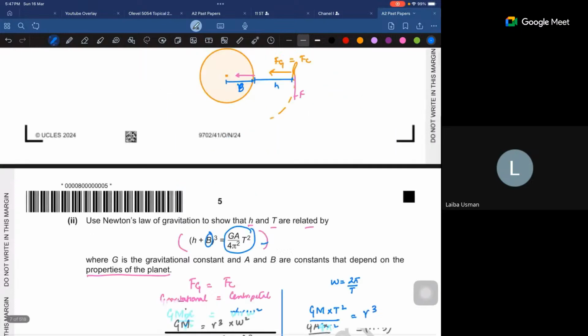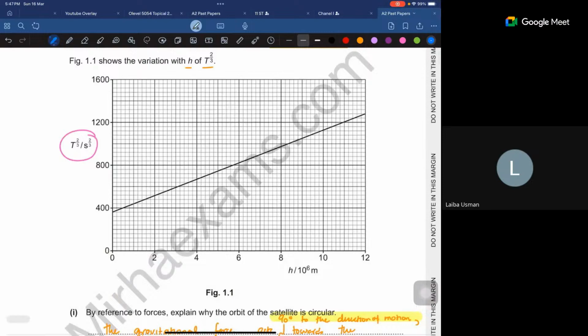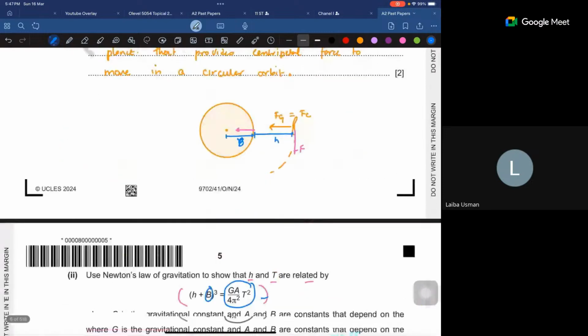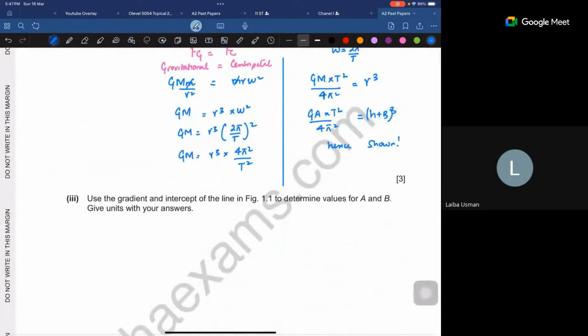Actually, on this side, as you can see, it's T^(2/3) and H. So if we take the cube root on both sides, sorry, let's write the equation again. GA over 4π² times T² equals (H plus B) cubed.